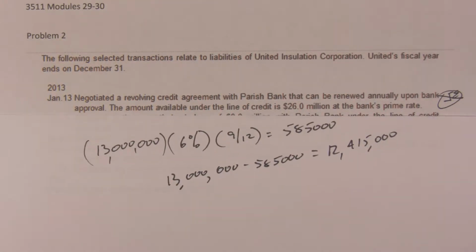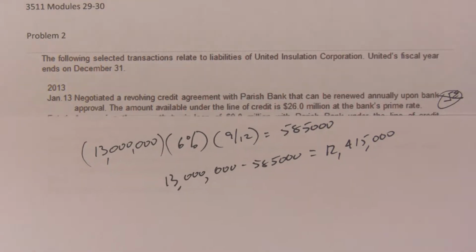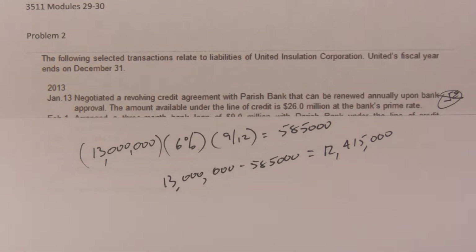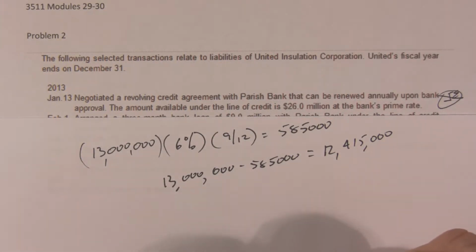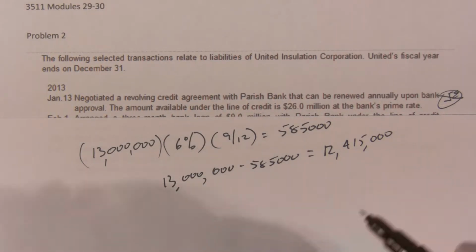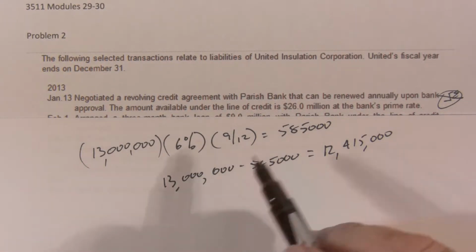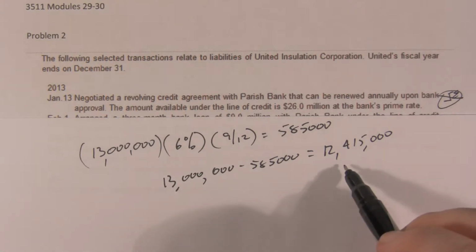And while we're here, let's compute the actual interest expense, because we're going to need that for the closing entry. The actual interest rate is not 6%, because first of all, we didn't borrow 13 mil, we really borrowed $12,415,000.